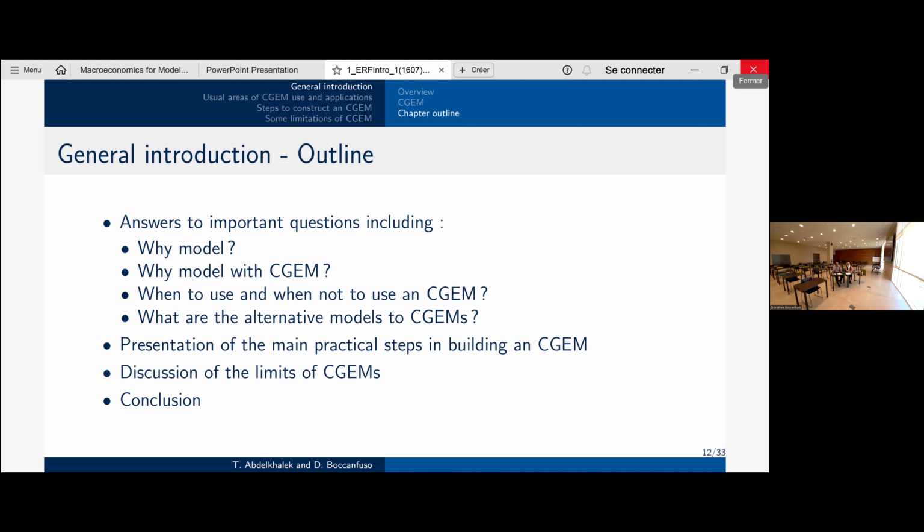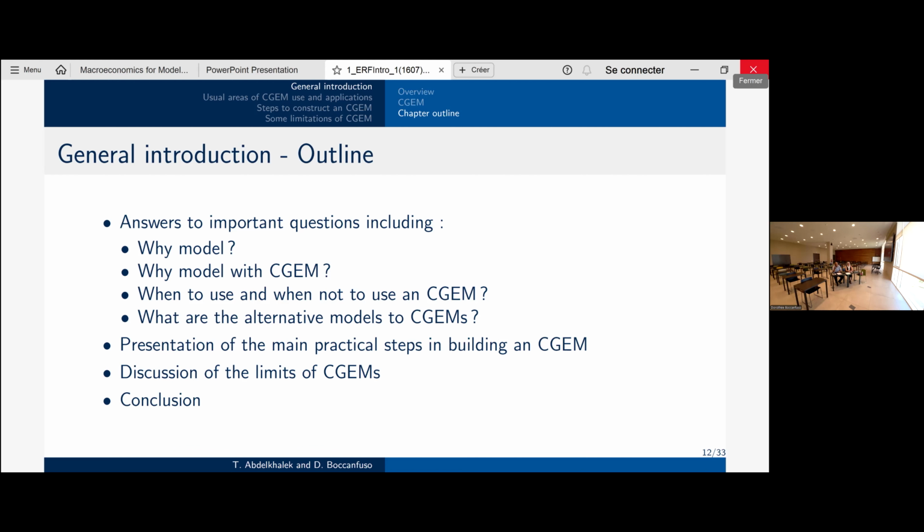Now, we have to answer some questions. Why do we have to use a model? Why do we have to use a CGE model? Particularly, when can we use a CGE model, and when can we not use a CGE model? This is a real problem, because some researchers and some students want to use a CGE model when we cannot use one.